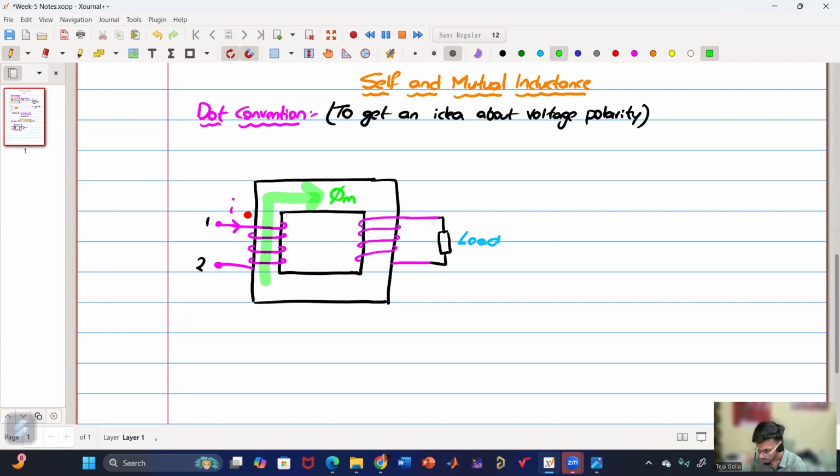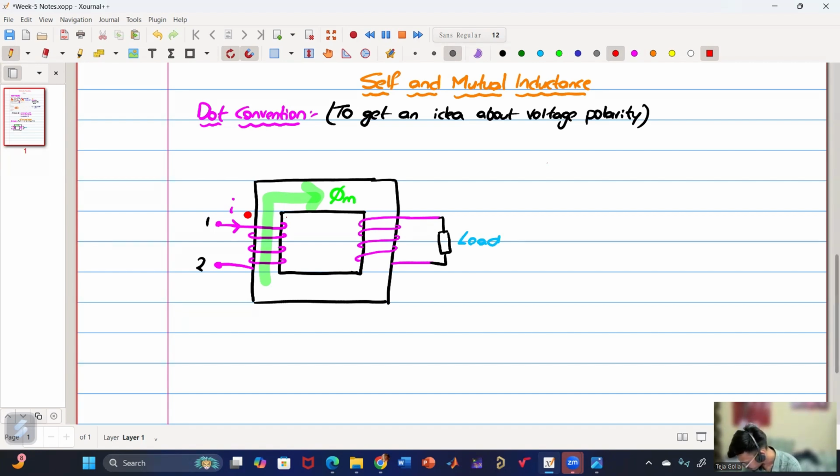Now what is Lenz law? Lenz law says something about the direction of the induced current. It will be in such a way that it opposes the magnetic field or the flux that is caused by another current. Why are we using Lenz law? We are using it to see what will be the direction of the current in the second coil on the right side.